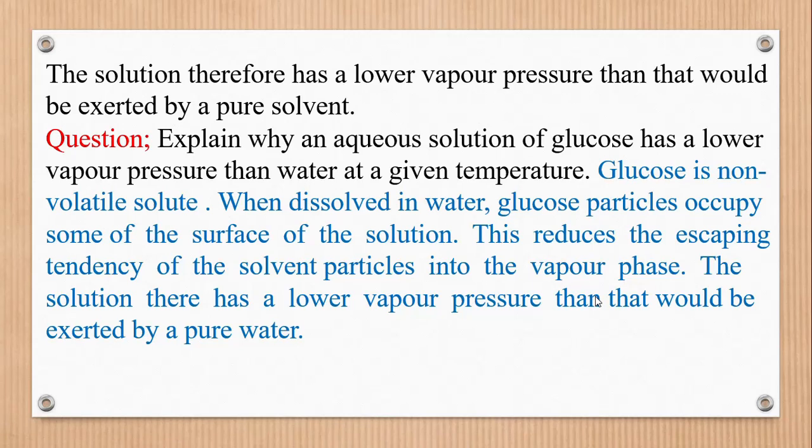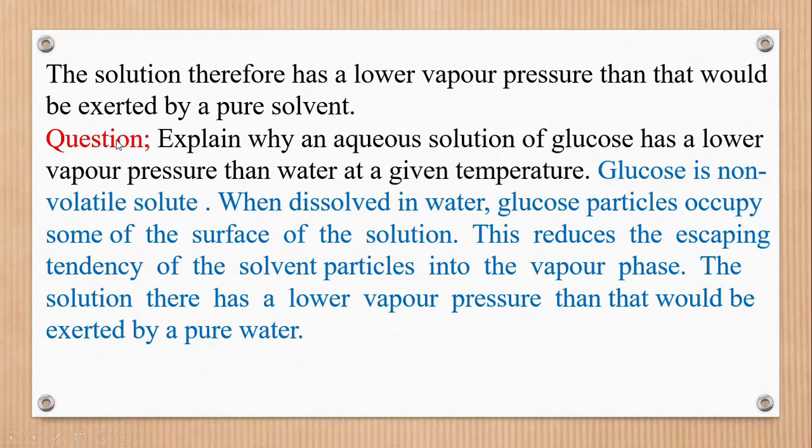So the pure solvent will boil at a very low temperature. Then a solvent in a solution does not easily escape into the vapor phase because the surface of the solvent has been covered by the solute, which is non-volatile. So a lot of heat needs to be applied for its vapor to move into the vapor phase.